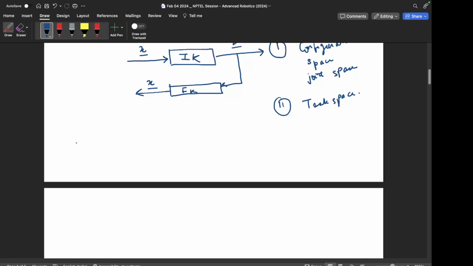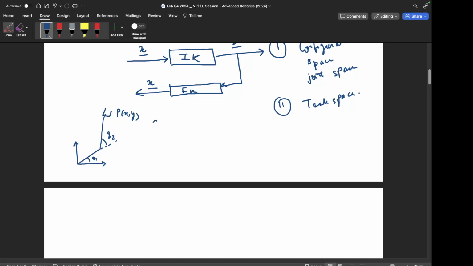So let's take a 2R manipulator, the simplest manipulator example, and let the angles be Q1 and Q2. This is the end effector whose position is given as x, y.